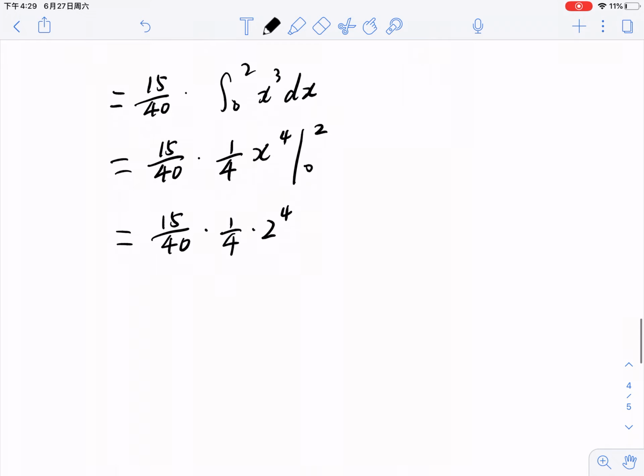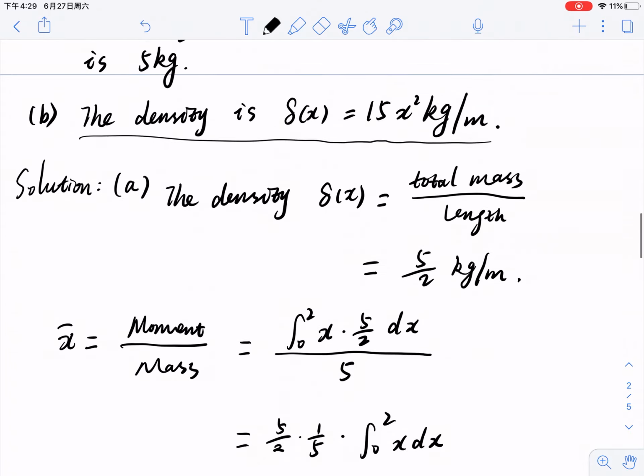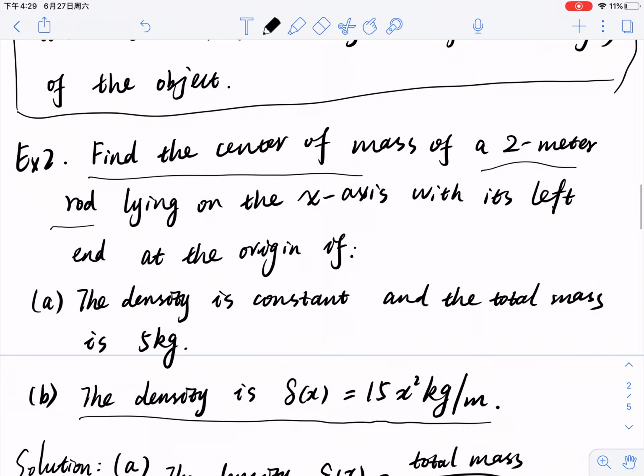Simplifying, we get 1.5 meters. So the center of mass of a 2-meter rod is 1.5 meters when the density is delta(x) = 15x squared kg per meter.